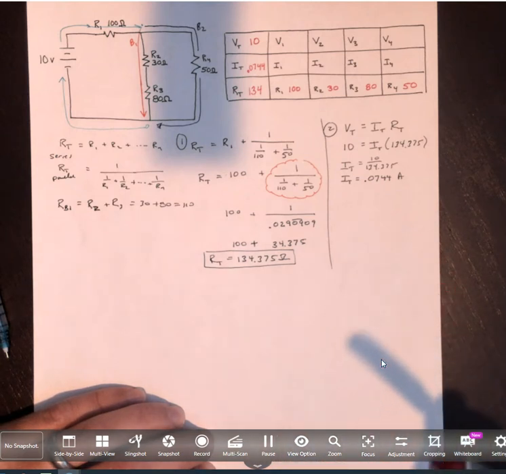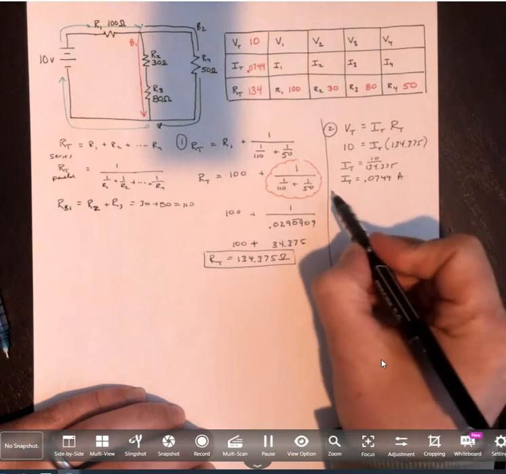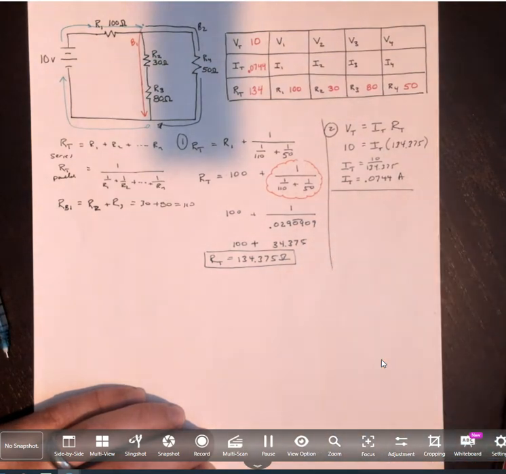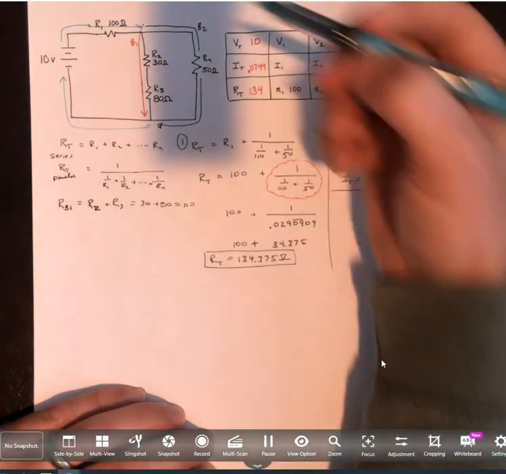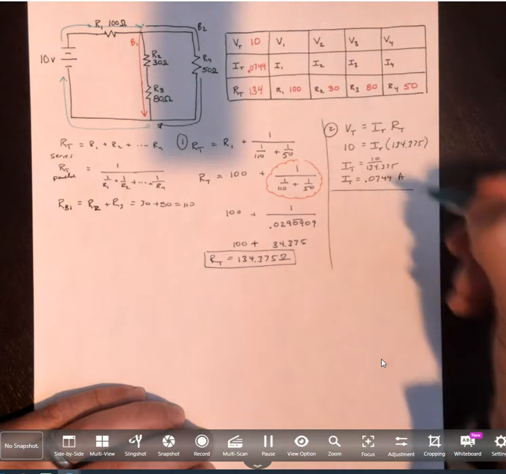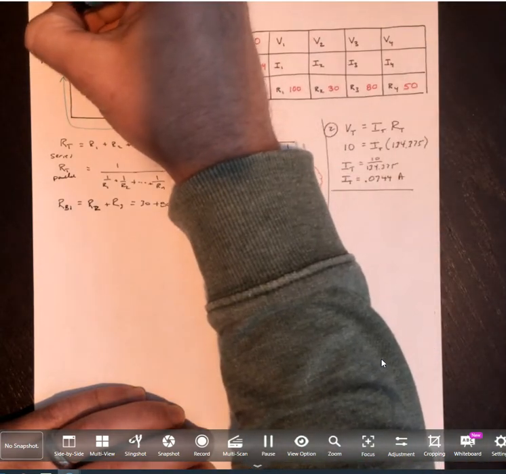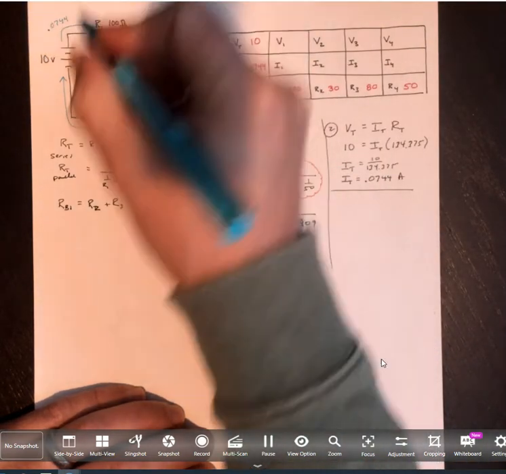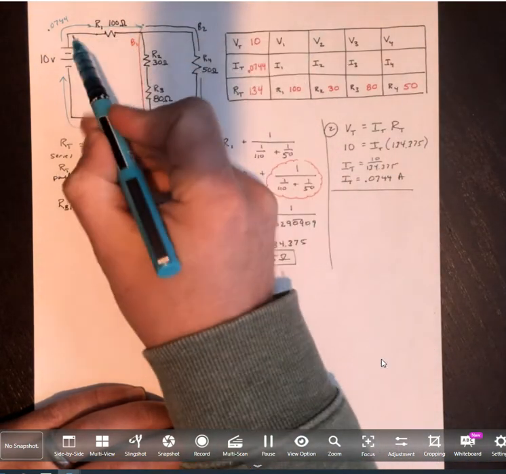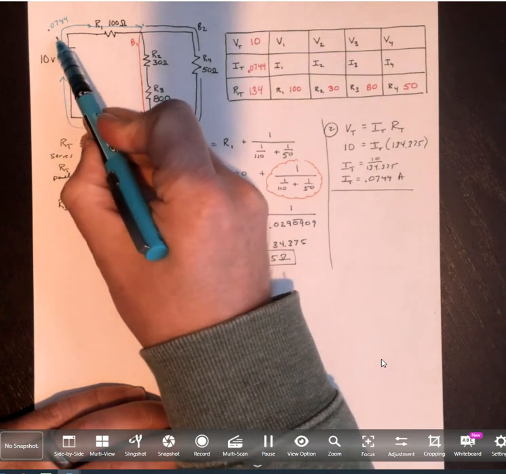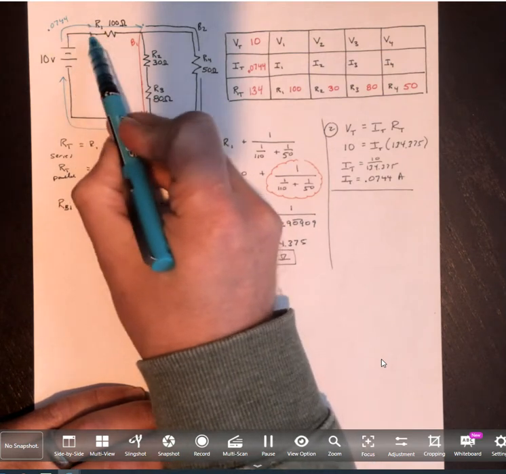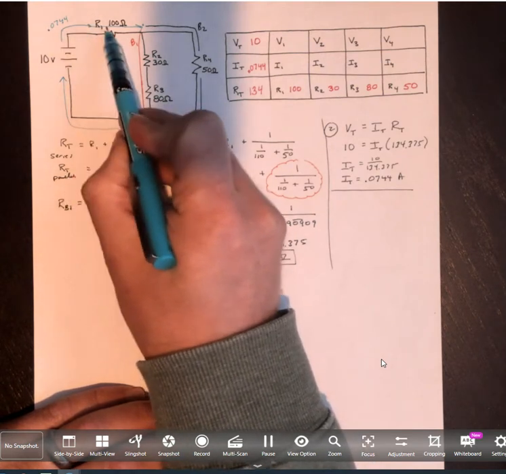Okay, so the next thing that I can do is label that point. Normally we might put a little symbol here to represent the total current flow. So the total current is heading out here. And remember that this first resistor, all of the current had to go through it.